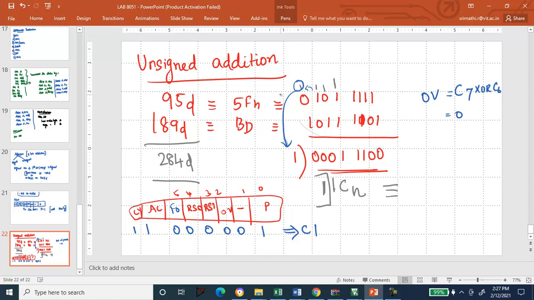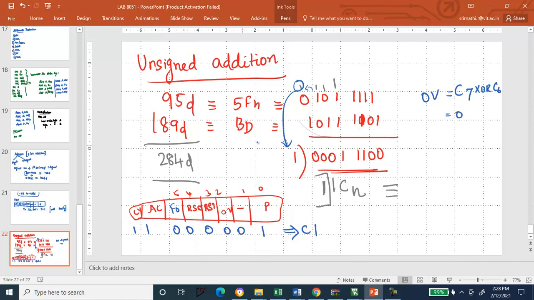Whenever we have a carry from the lower nibble, the 4 bits, to the higher nibble, your auxiliary carry will be set to 1. So if I look here, there is an auxiliary carry being generated from the 3rd bit to the 4th bit, because bits start from 0, 1, 2, 3. So the auxiliary carry flag will be set to 1.